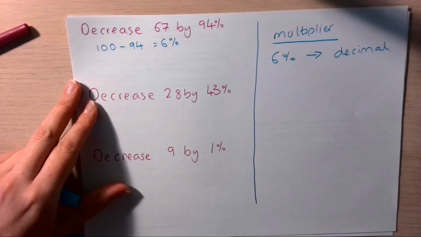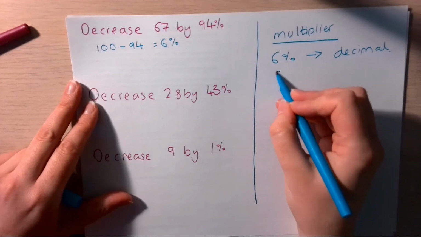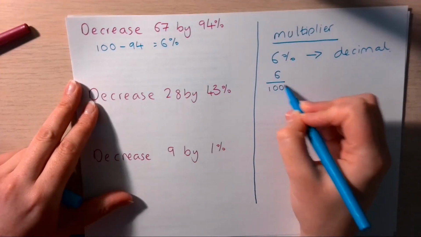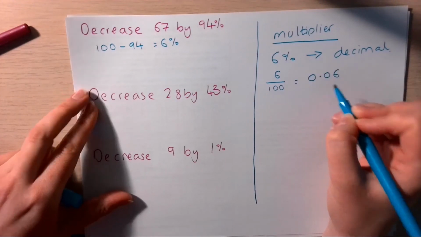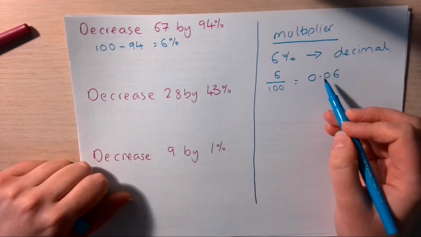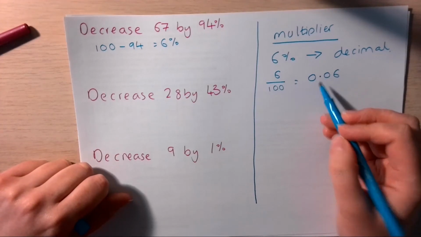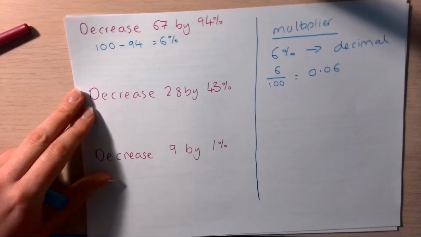Remember, to turn a percentage into a decimal, we divide by 100. So we're going to do 6 divided by 100, which gives us 0.06. Be really careful that you don't write 0.6 for that. Really easy mistake to make. That would be 60%. So our multiplier is 0.06.